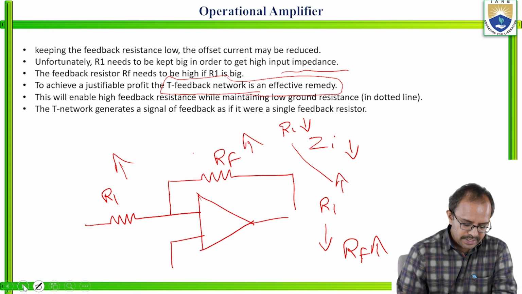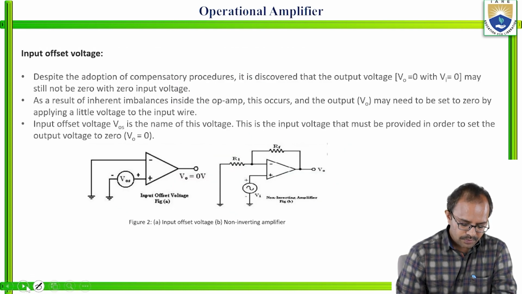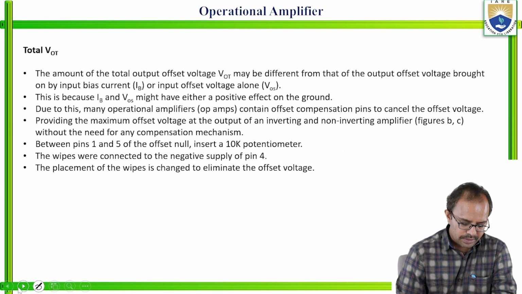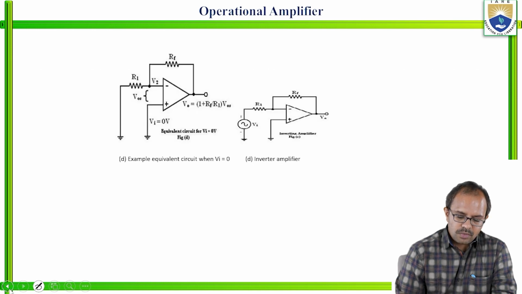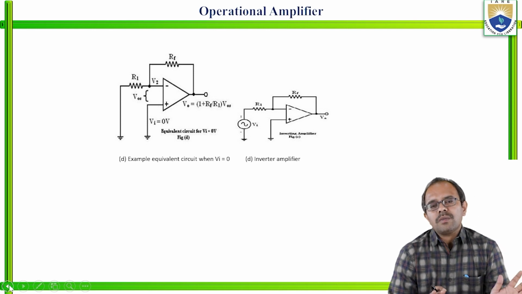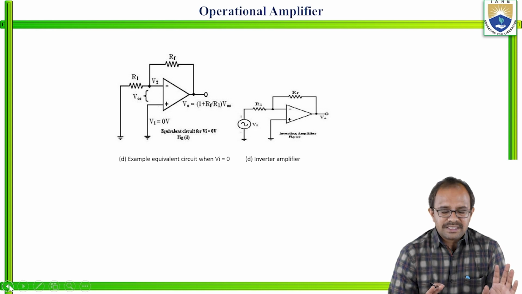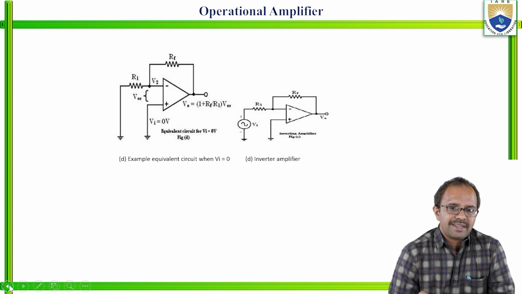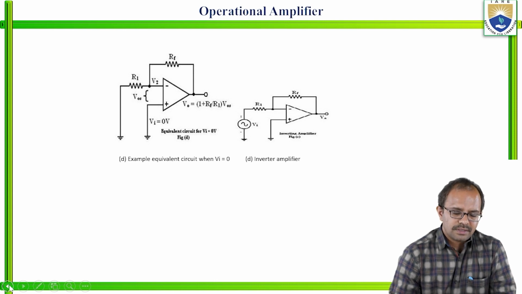So you are going to see a new kind of circuit here. We are going to introduce a network that will maintain both R1 and RF at justified values to overcome the problem of offset current, right?